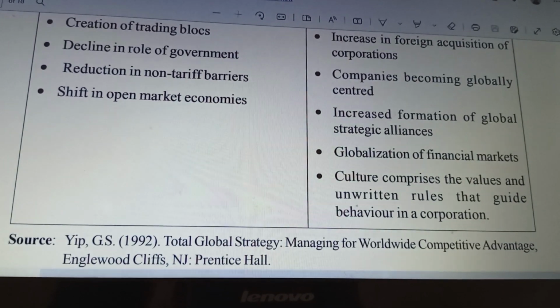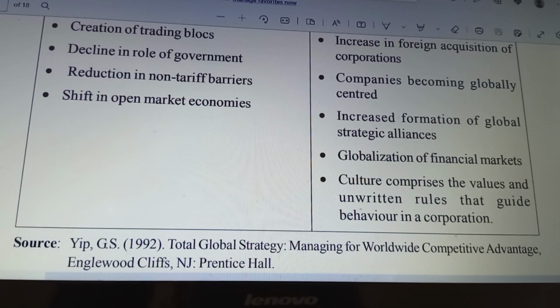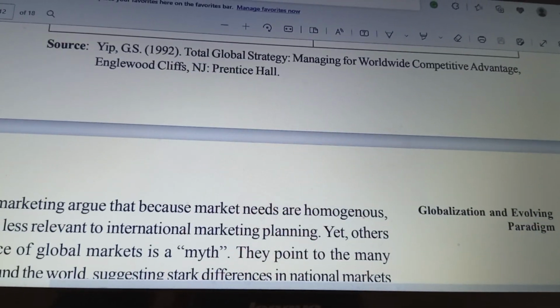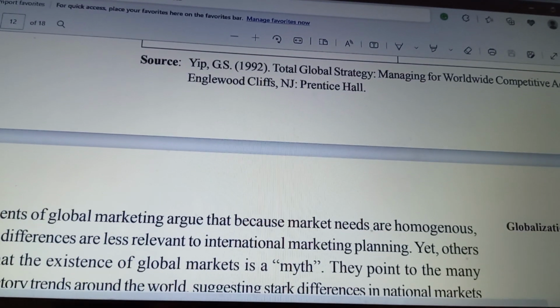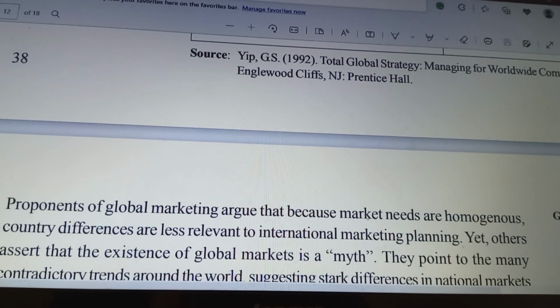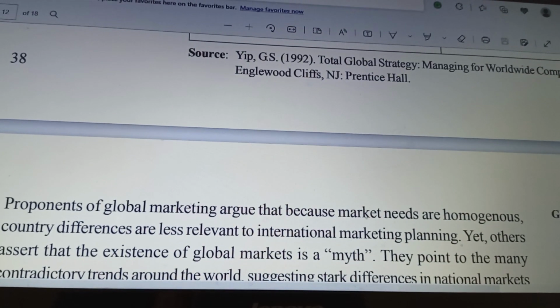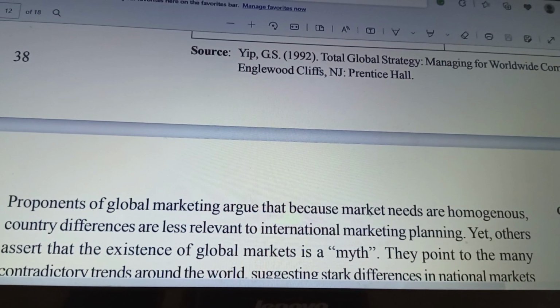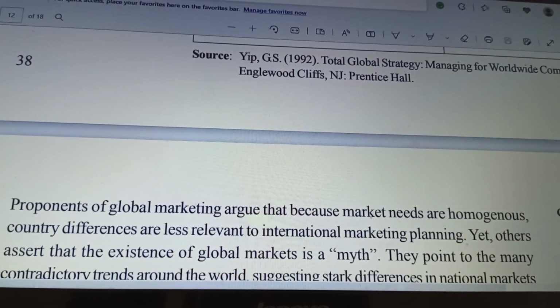Culture comprises the values and unwritten rules that guide behavior in a corporation. Proponents of global marketing argue that because market needs are homogeneous, country differences are less relevant to international market planning.